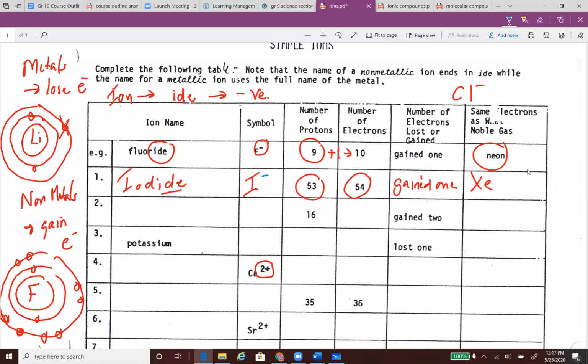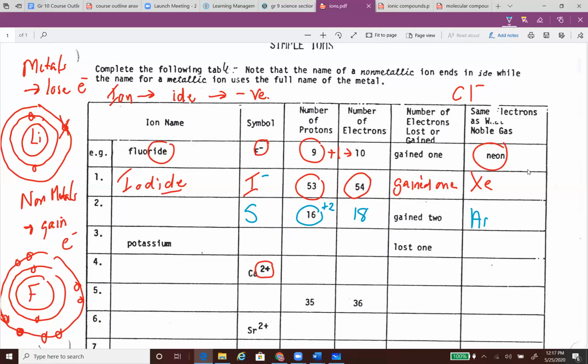So element number 16 is sulfur. It says it gained 2 electrons. If it's neutral, it has 16 electrons because it has the same number as protons when neutral. But it gained 2, so obviously we have to add 2 more electrons. So it has now 18 electrons. It would then have the same number of electrons as element number 18, which is argon.